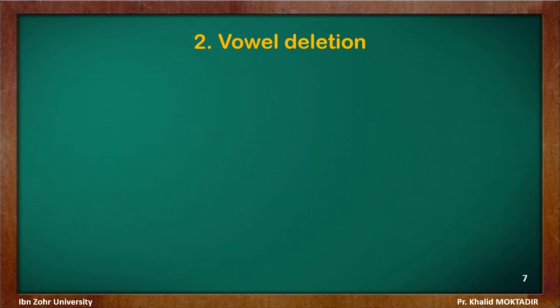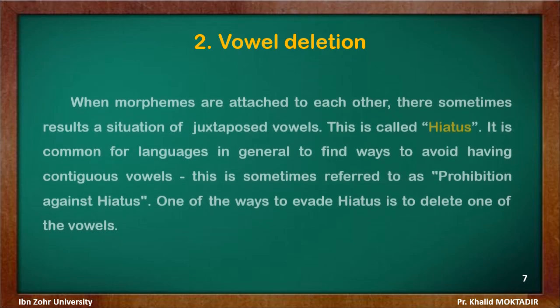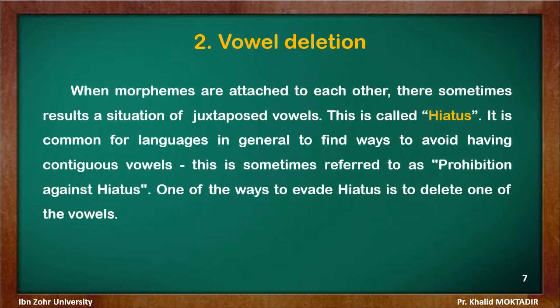Now we move on to vowel deletion. When morphemes are attached to each other or words are put next to each other, there sometimes results a situation of juxtaposed vowels. That is, vowels one next to the other.